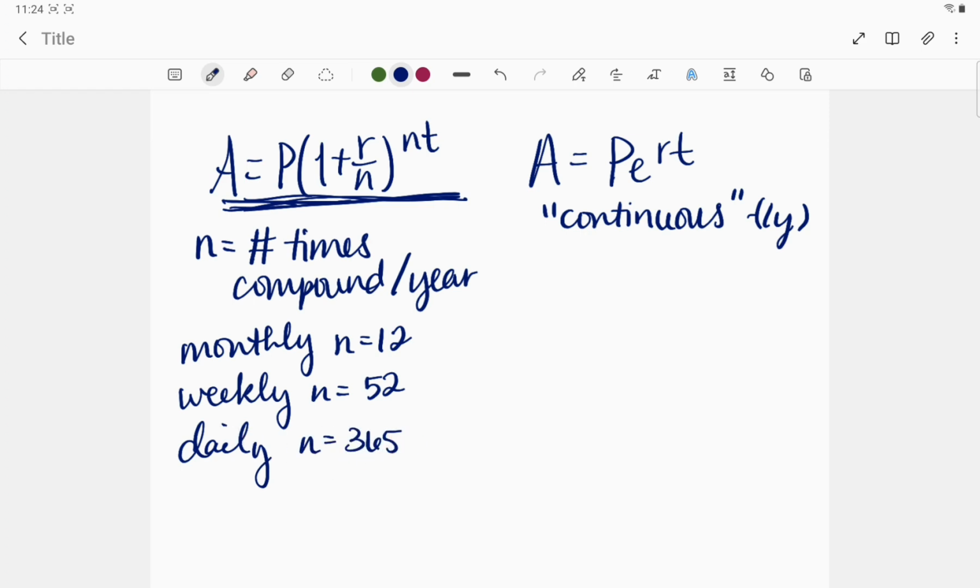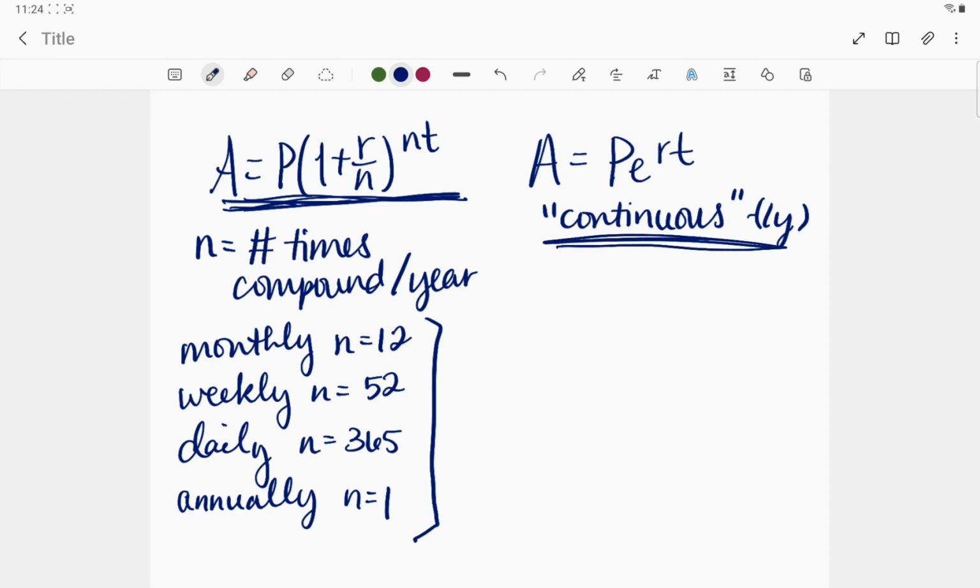And the only other one, sometimes they might do annually. That just means once a year. So how many times does it happen once a year? Once. So these are usually the most common. And then for continuous, you use this specific formula, and it uses E, which is on your calculator over the ln button. You do second ln to get to a power of E.